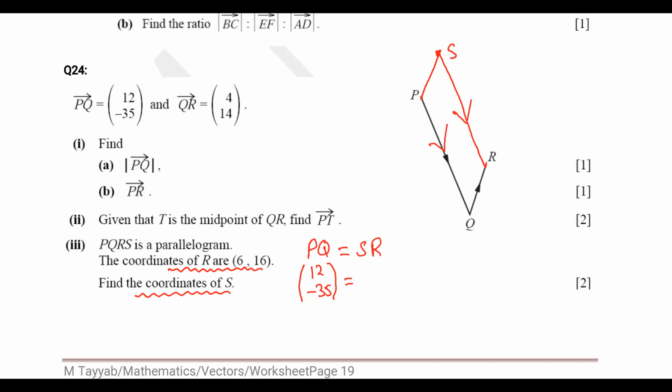In your summary of vectors, we have written that AB in terms of position vectors is OB minus OA, position vector of B minus position vector of A. CD means OD minus OC, position vector of D minus position vector of C. So here SR means OR minus OS, position vector of R minus position vector of S. We have the position vector of R here and we have to find OS.